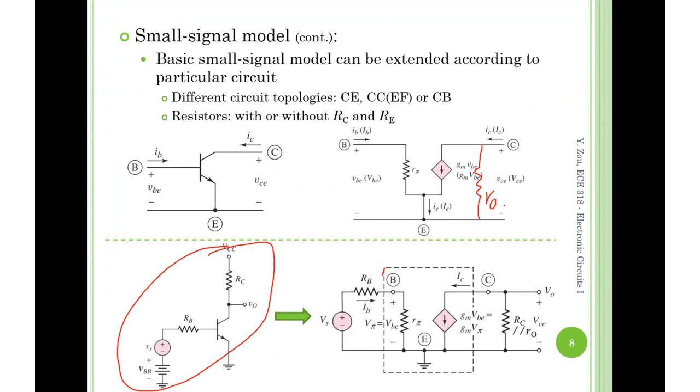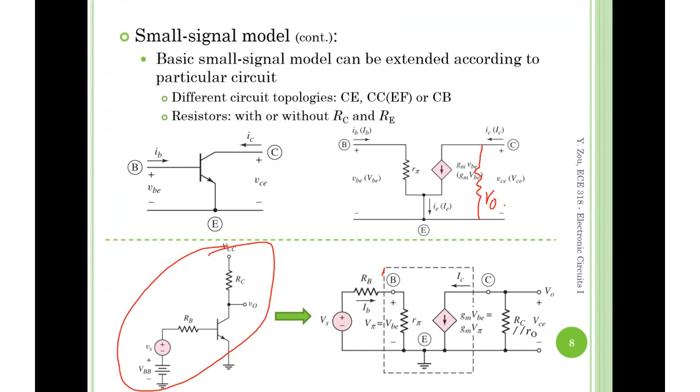Regardless of where the ground is, I saw this mistake happen more than a couple of times in the exam. R0 is between the drain and the source for MOSFET. And here it is between collector and the emitter. It has nothing to do with ground.